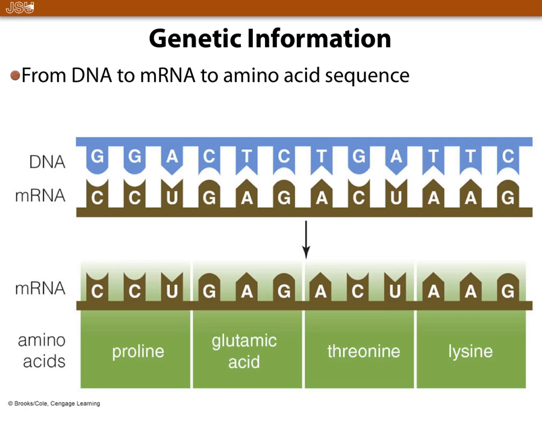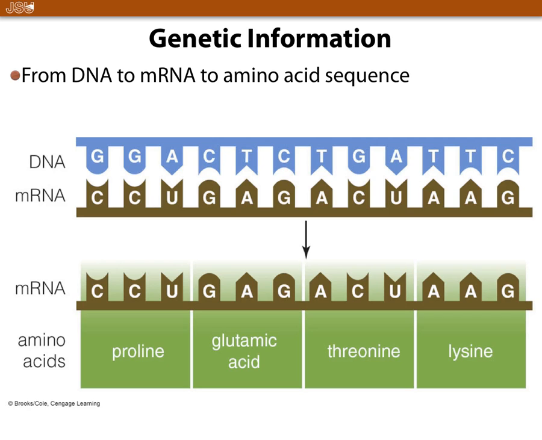Very important point here. Why is that important? Well, we only have 4 different types of bases, right? ATGC for DNA, AUGC for RNA. But there are 20 plus amino acids, so how do we go from 4 bases to 20 plus amino acids?